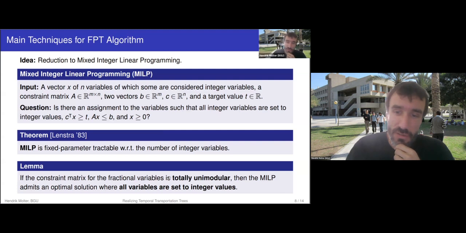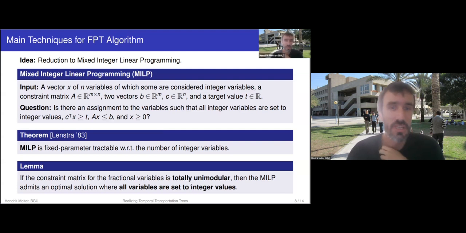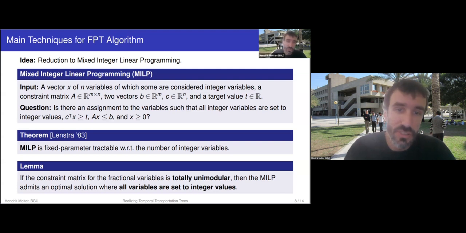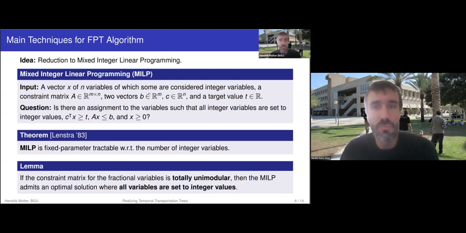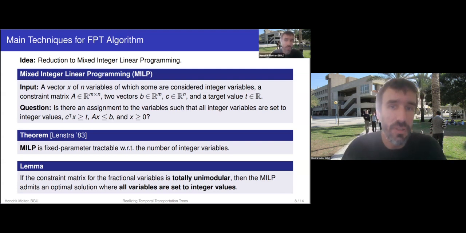But you might know this also from the context of linear programming. If you have a linear program and your constraint matrix is totally unimodular, then this linear program admits an optimal solution with integer values. So this is clearly a generalization because a linear program is just an MILP that doesn't contain any integer variables.